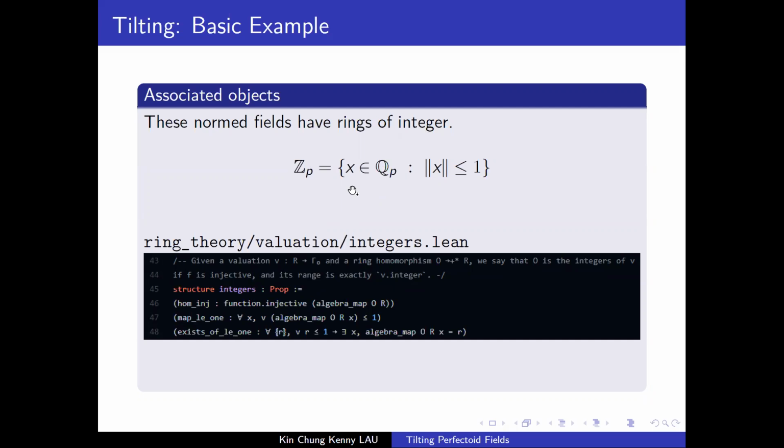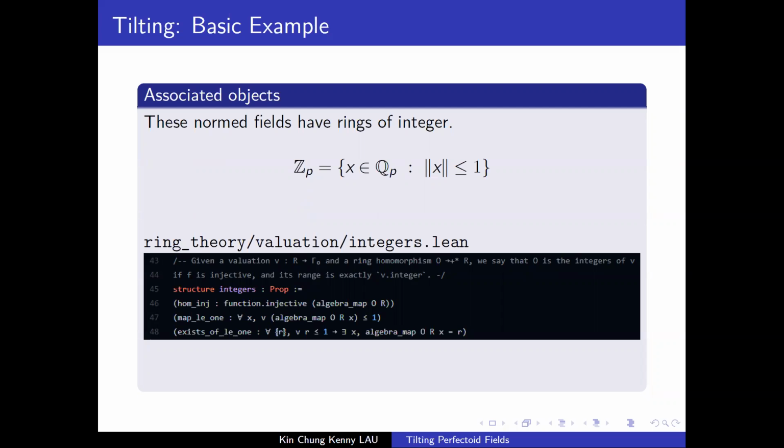Now, an important philosophy when we use Lean is that in mathematics, we always say "the" something. For example, we say the ring of integers of Q_p is Z_p, and we also say the algebraic closure, if you're not careful enough. Some people already say an algebraic closure, but some people still say the algebraic closure. The point is that these objects are not unique.